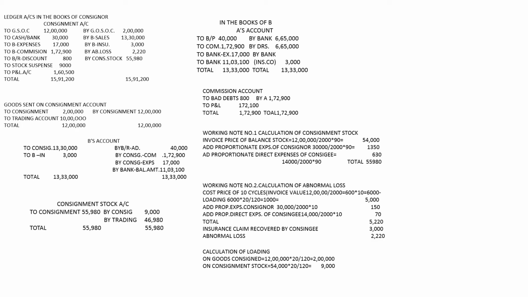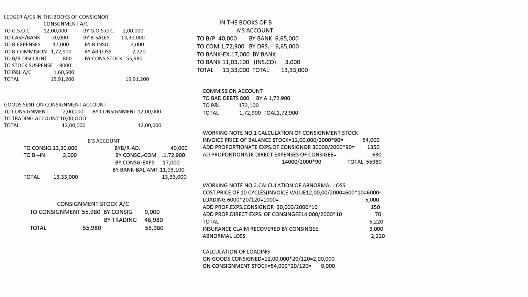He is left with 90 cycles. So first we take the invoice price of 90 cycles. Of 2,000 it is 12 lakh. Of 90 it comes 54,000.